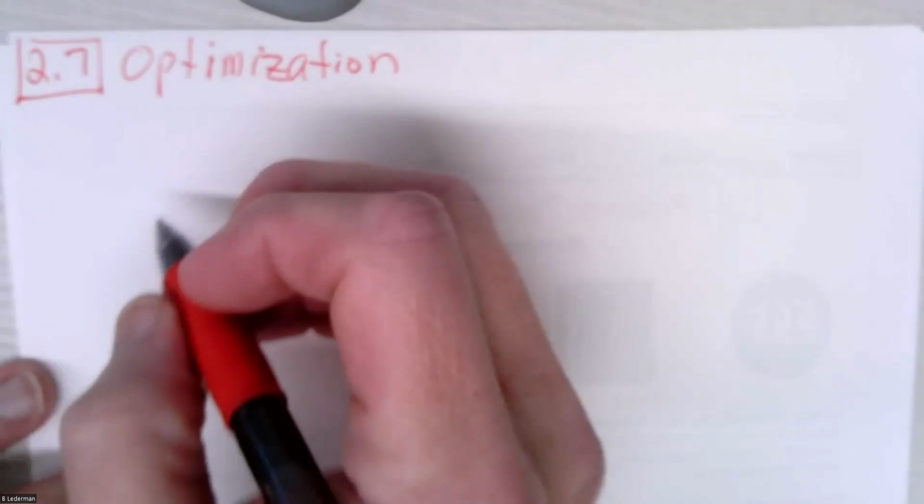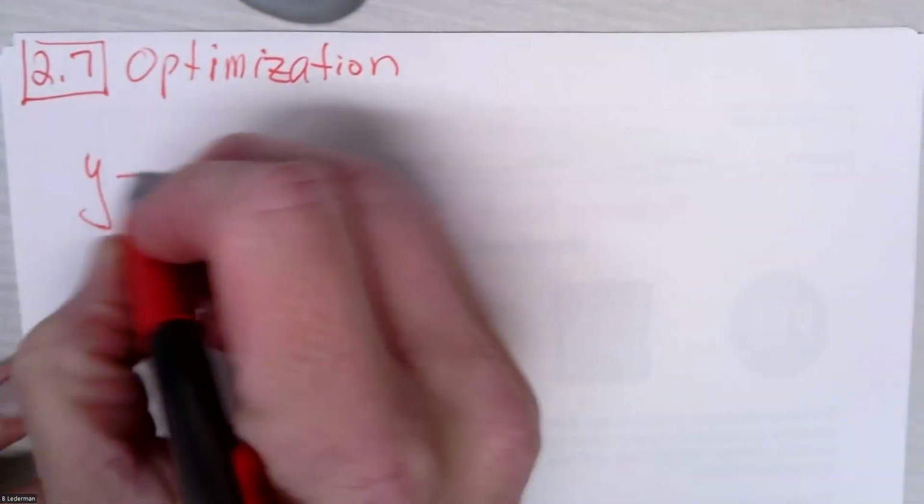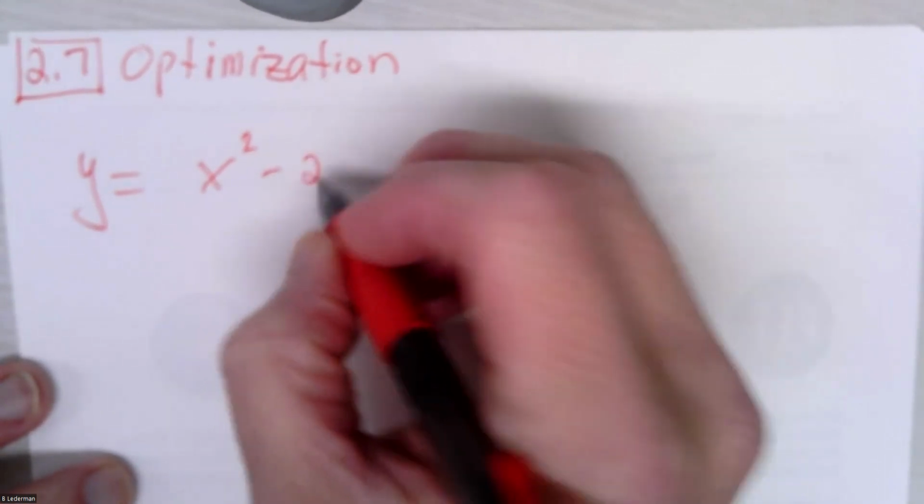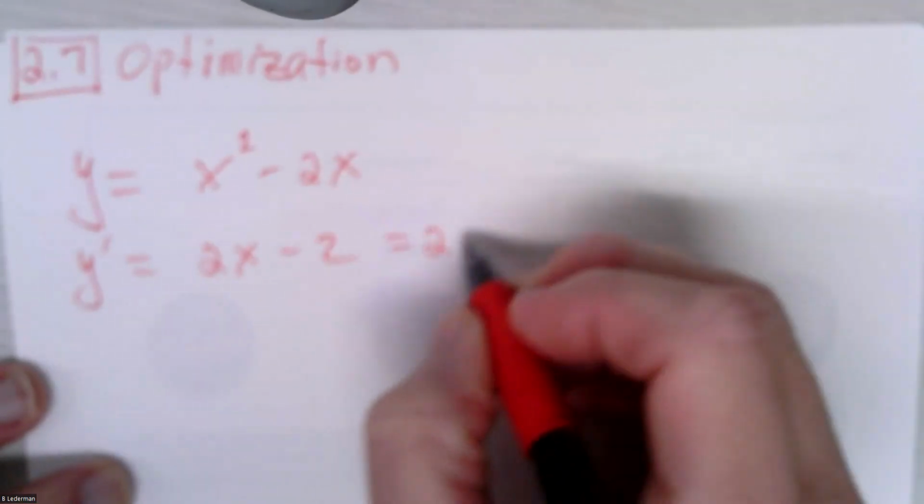This is an example at y equals x squared minus 2x. Now, y prime is equal to 2x minus 2, which of course is equal to 2 times x minus 1.